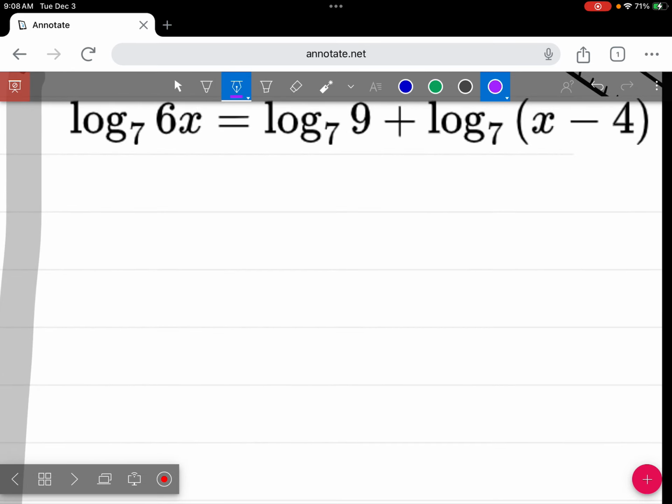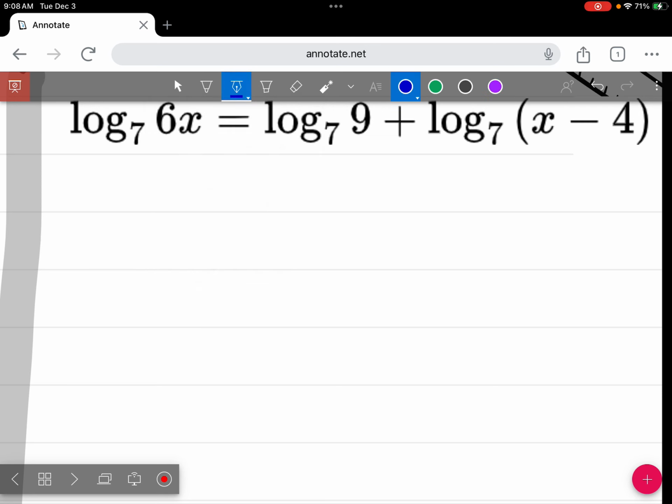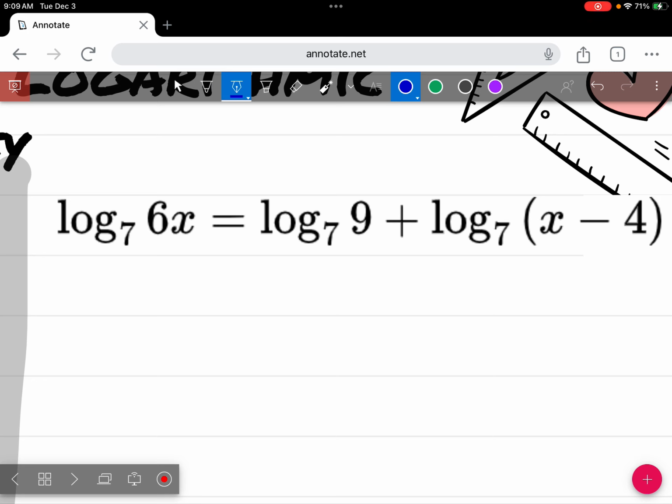Let's do a very similar thing on the right-hand one. So we have log base 7 of 6x equals log base 7 of 9 plus log base 7 of x minus 4. Very similar vibe. But what pieces are we going to put together? How can I condense this down to be a single logarithm?